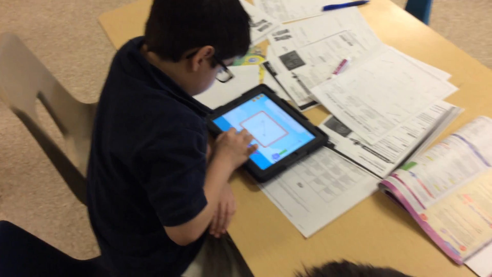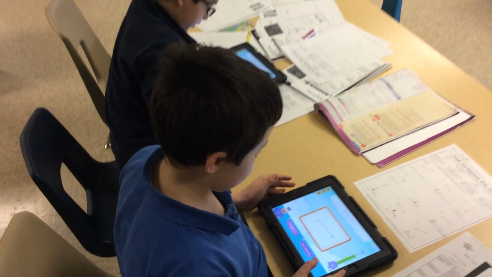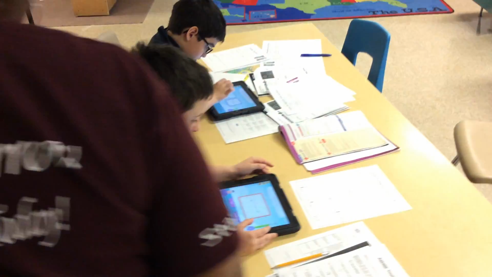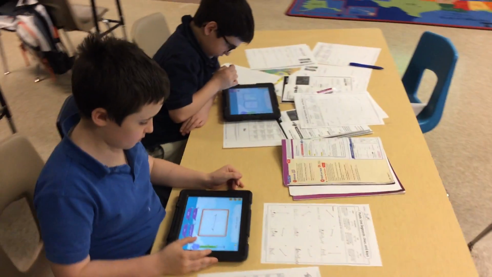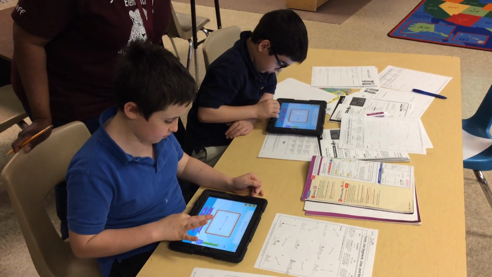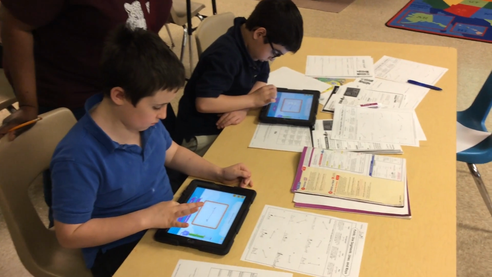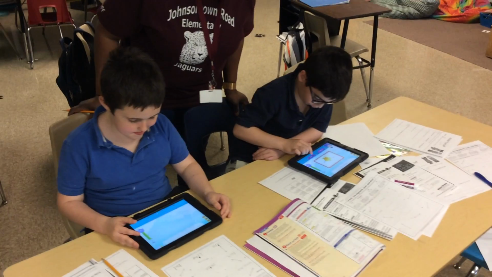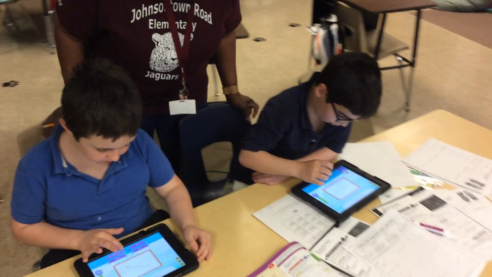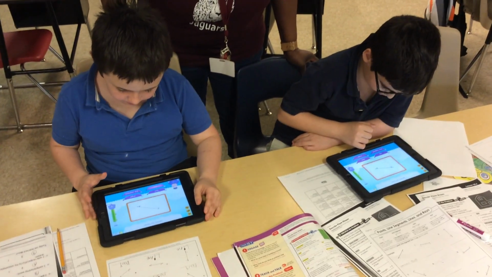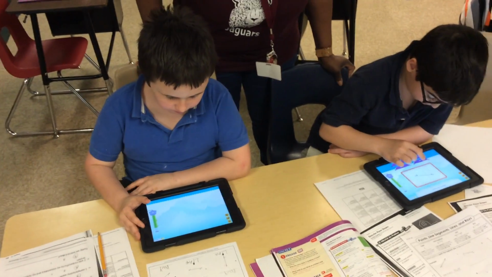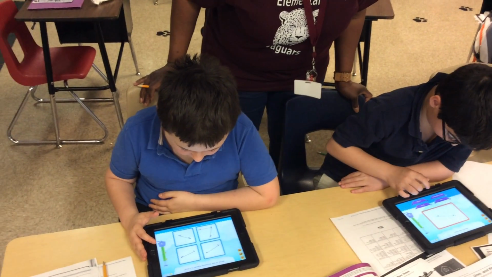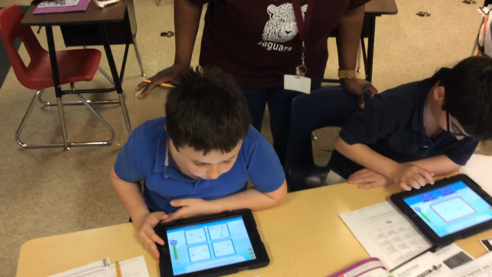How are you guys doing? Very good. How can you tell that's a ray? It doesn't show an angle. And does it have an arrow? One arrow. It has 2 arrows, so it is a line. Good.